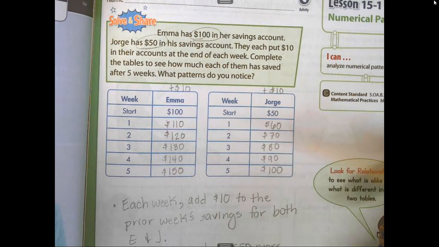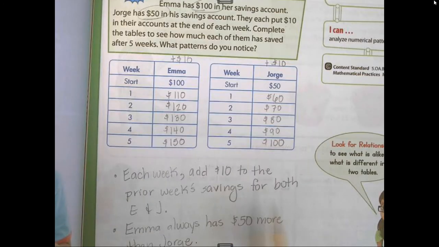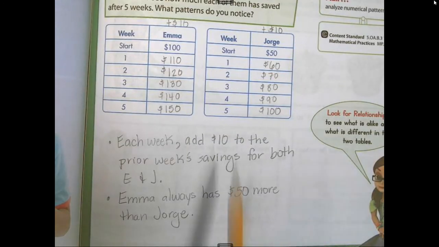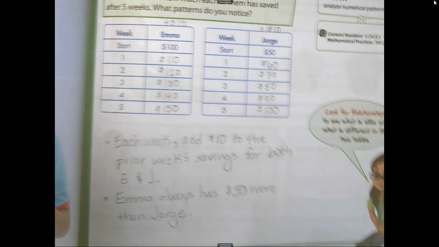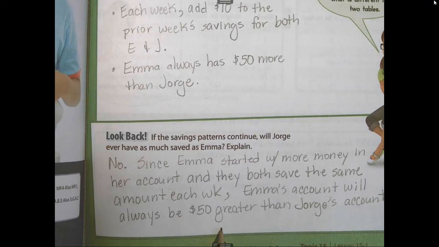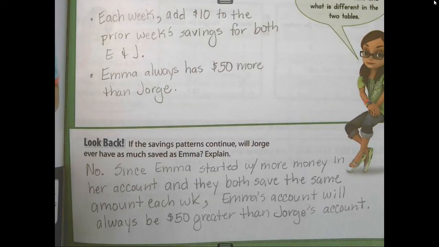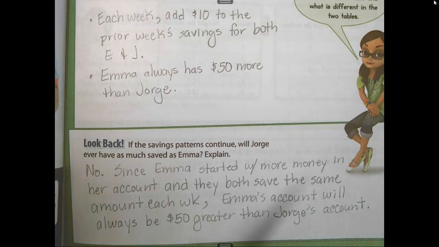Luckily, part of the tables had already been made for us. So, that's kind of our helper at the beginning of this chapter, this topic. All right. And then make sure you understand the different patterns and relationships that I talked about. And then make sure that this explanation of why Emma always has more than George makes sense. Okay. So pause that if you need to.